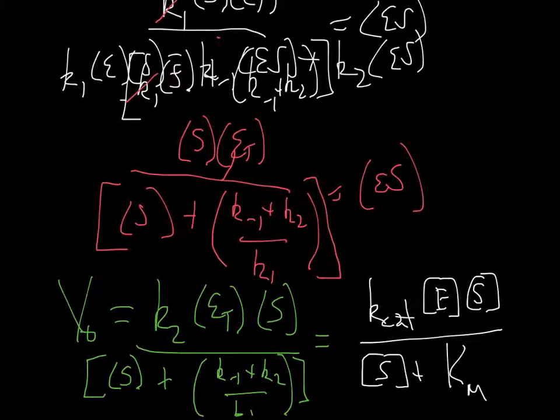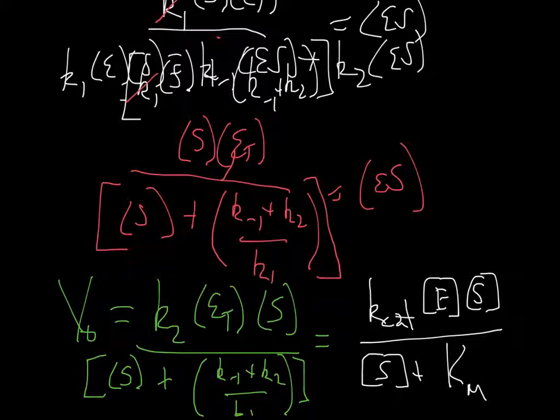All right. And so this, what's this equation called? Does anyone know? This equation right here, where V is equal to K cat times E times S divided by S plus Km or Km plus S. It is sometimes written the other way. That's the Michaelis-Menten equation. That's something you should know.